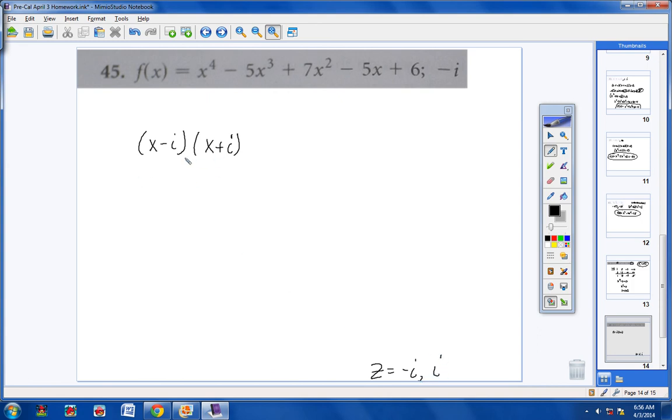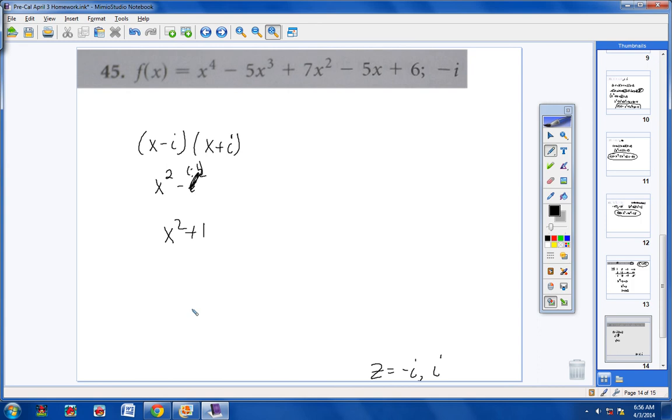So I'm going to go ahead and multiply these together and watch what happens. I'm going to get x squared minus i squared. Now don't forget, i squared is a negative 1. So I really have x squared minus a negative 1. Well, that's really x squared plus 1.